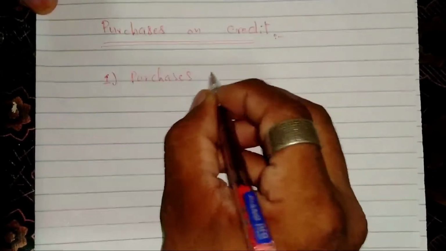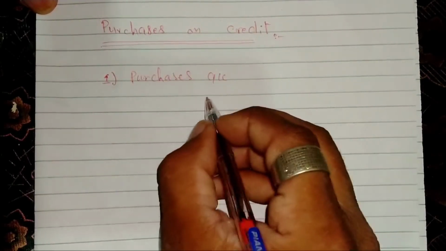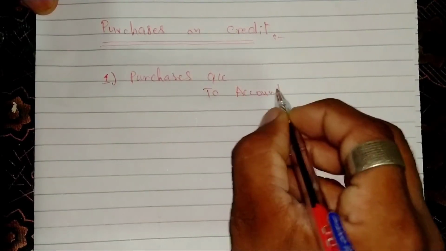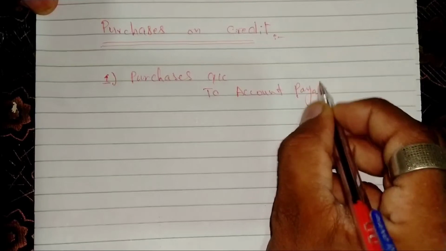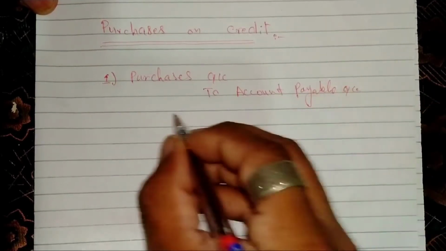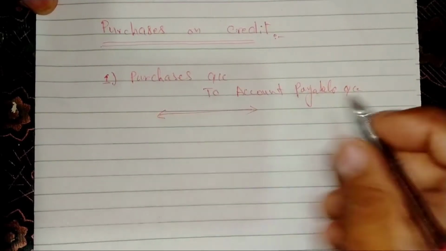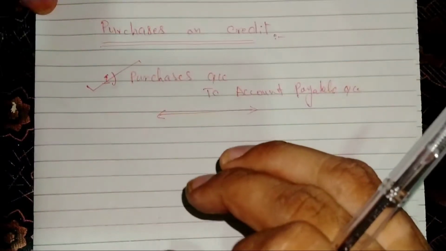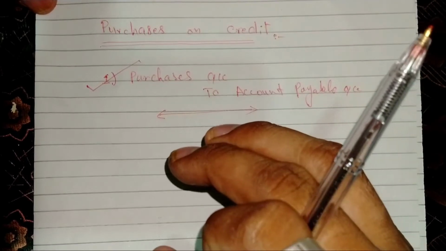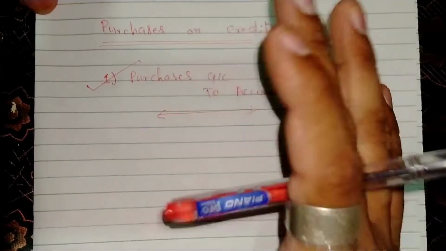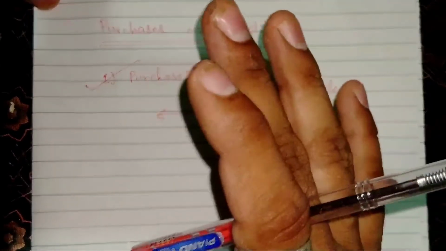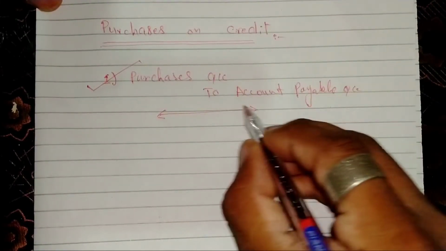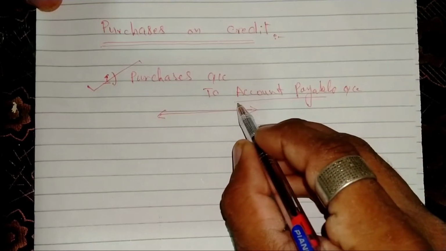First is purchases account debit to accounts payable account credit. Simple. But the shortcoming or difficulty is when we purchase from a number of suppliers at the same time, we will not identify which accounts payable is related to which supplier.